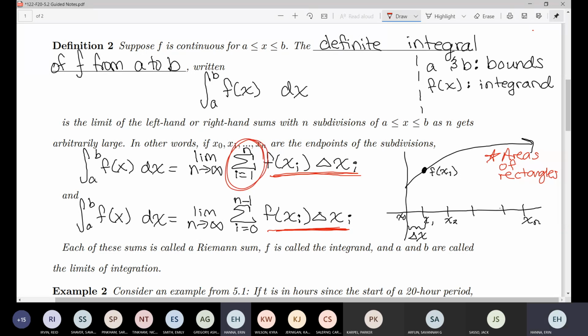So the sum notation is literally just a Riemann sum. So what this is saying is we're essentially taking the limit of these Riemann sums as n goes to infinity. n is the number of rectangles, so it's essentially saying do a Riemann sum with infinitely many rectangles. Well, that's technically not humanly possible, but if it were possible, that would find us exactly the area underneath this function, which we're defining to be the integral.